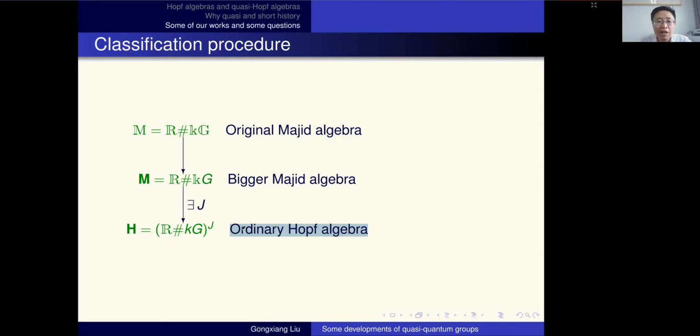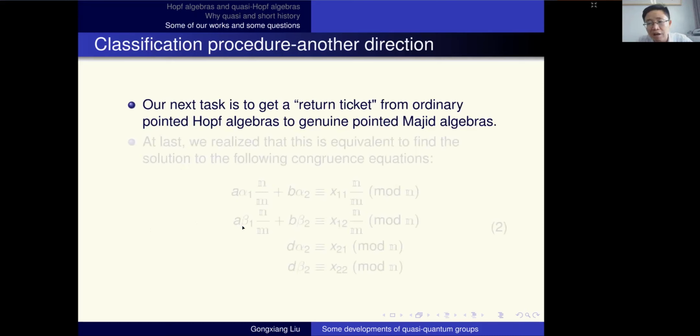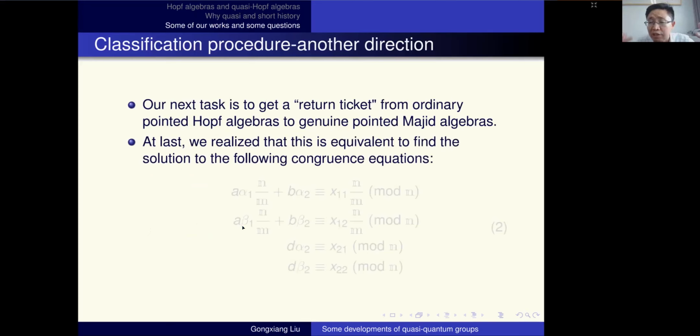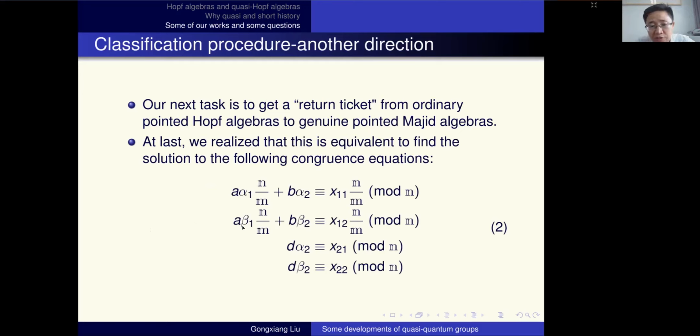So at last we find such a Hopf algebra just only needs to satisfy a linear congruence equation. That's enough. Since it is linear, it is possible for us to resolve it. You can find in this equation n, m, alpha 1, alpha 2, beta 1, beta 2 are unknown. All of them are unknown.